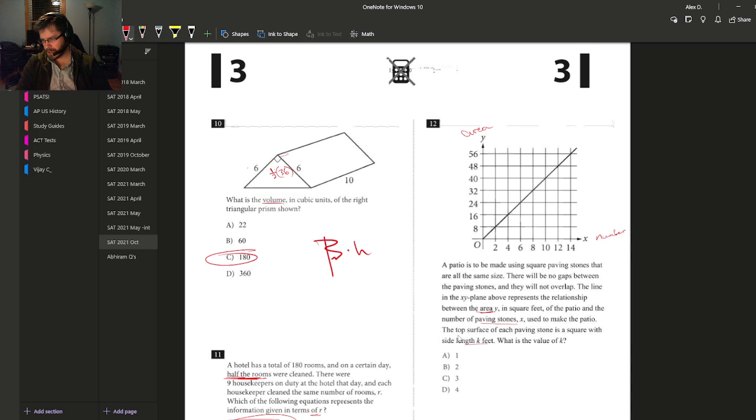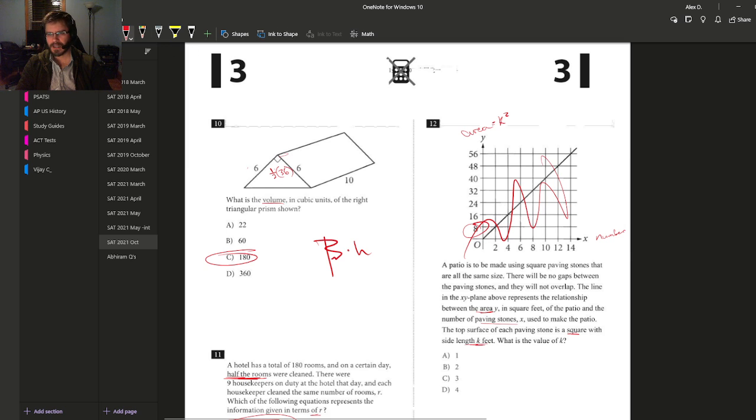To make the idea, the top surface of each paving stone is square with side length K, so that's equal to K squared. There's 5K. Oh, all of this is a distraction. All you need.